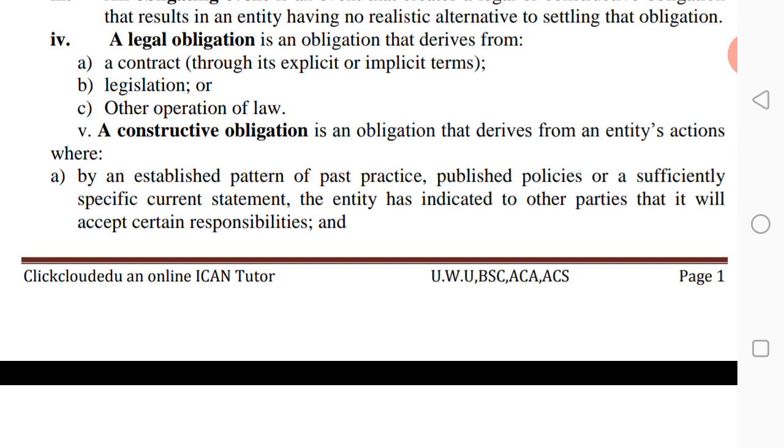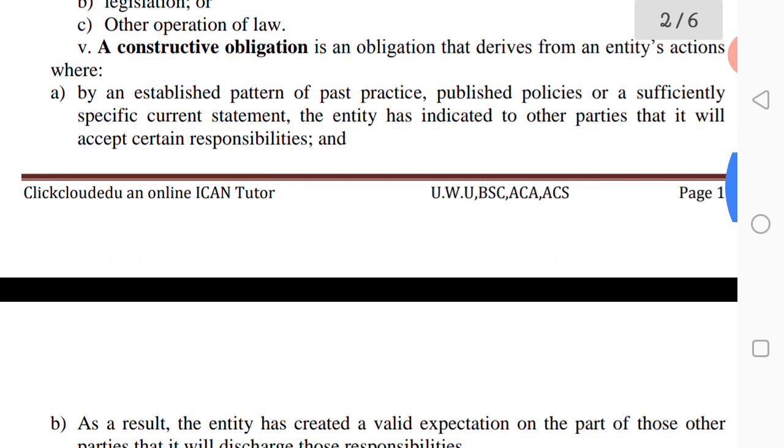A constructive obligation. What is a constructive obligation? It's an obligation that derives from an entity's action, whereby an established pattern of past practice, published policies or a sufficiently specific current statement, the entity has indicated to other parties that it will accept certain responsibilities.